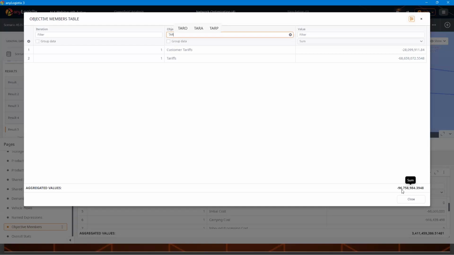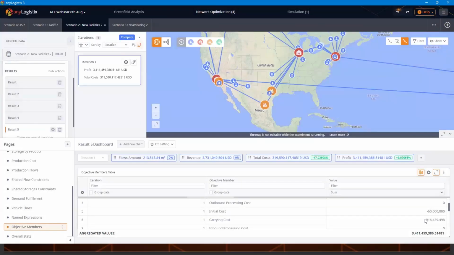Overall, the tariff is decreasing but the initial cost is increasing. If we see the profit in the as-is scenario with tariff, the profit was like 3.1 billion something, but now the profit is improved.